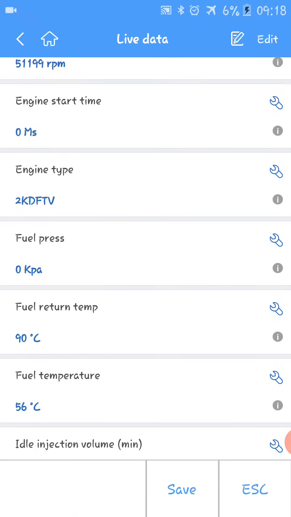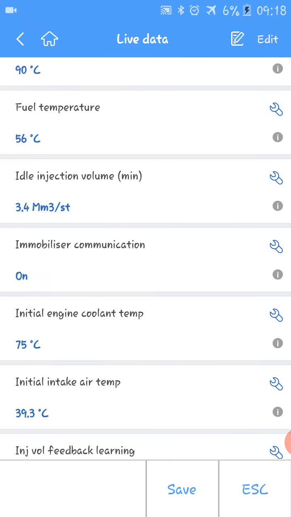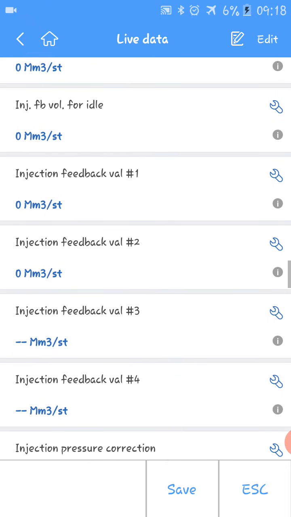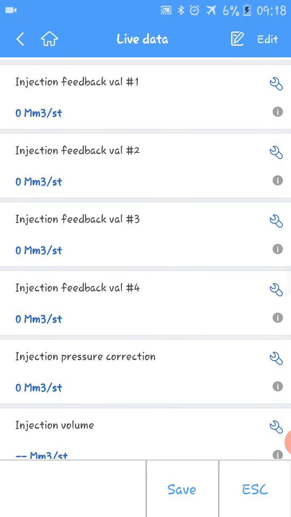It's a 2KD Hilux. Immobilizer's on. Okay, so this is what we're looking at. Injection feedback value for number 1, number 2, number 3 and number 4. So the engine is not running and all the values are at 0.